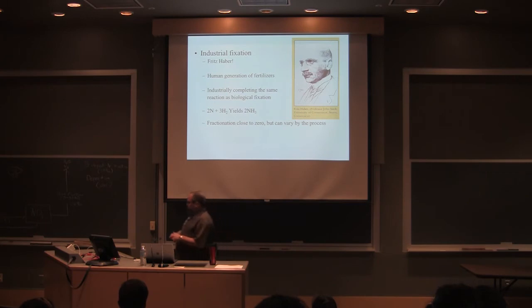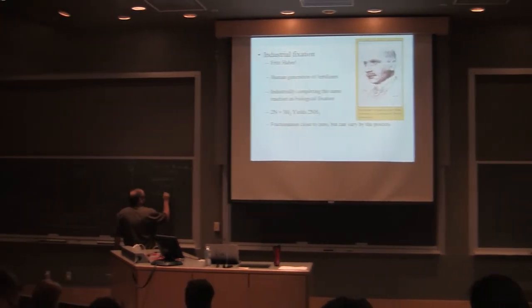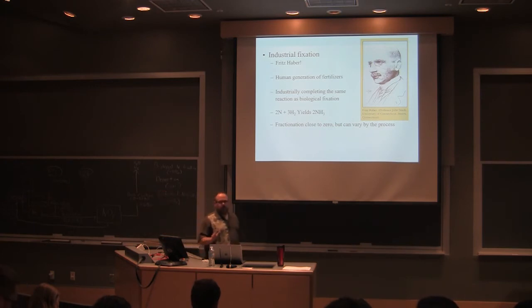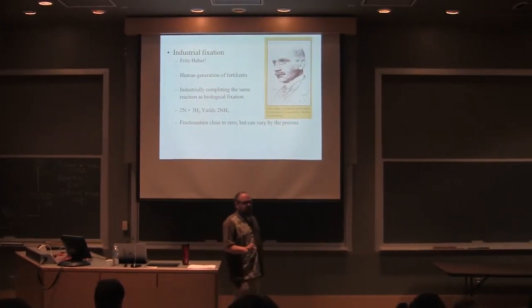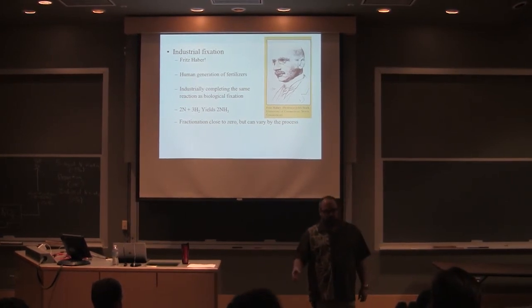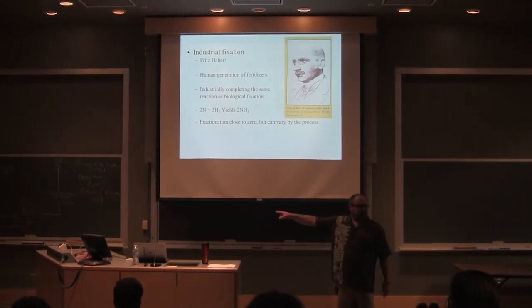So you have, in addition now, this industrial fixation. And it's about 0 per mil, but this is a number you shouldn't believe, because the fertilizer substrates rapidly change their isotopic composition once they're processed and in the field, because they're being used. They're going through all of that process.